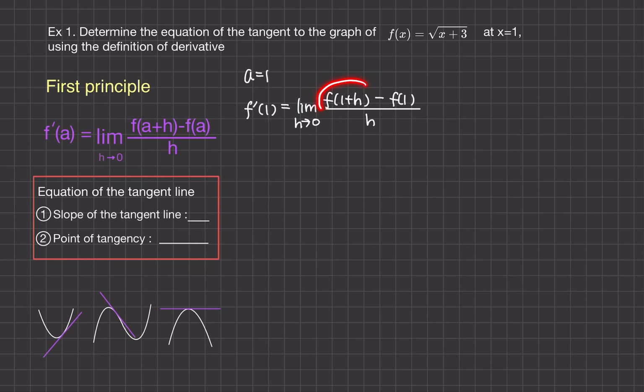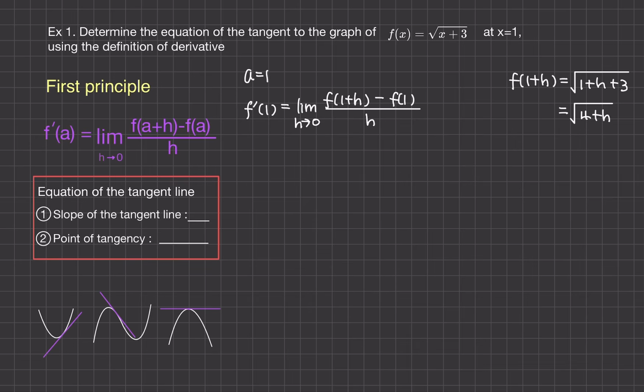Let's find f of 1 plus h first. You just plug in x equals 1 plus h into the function. It means you just replace x with 1 plus h. So, f of 1 plus h equals square root 1 plus h plus 3, which is square root 4 plus h.